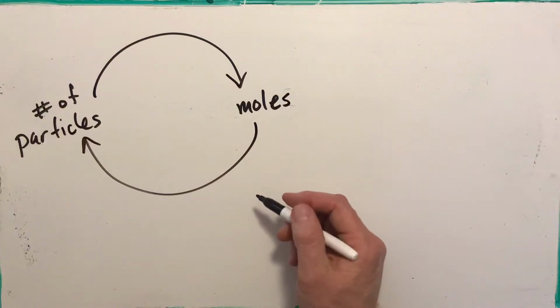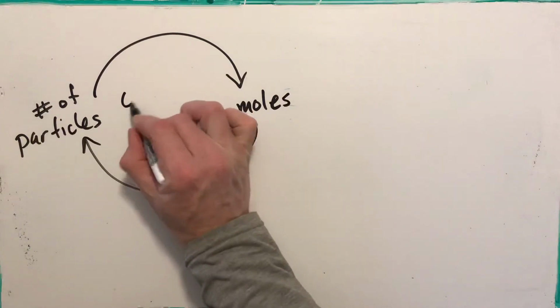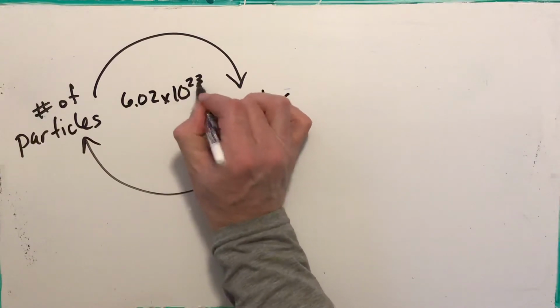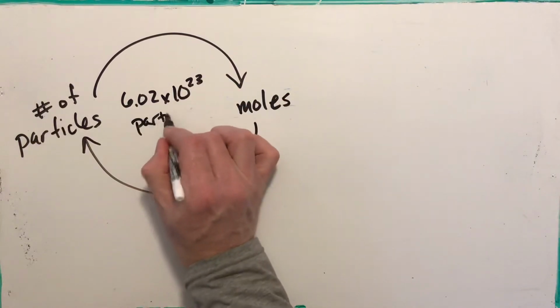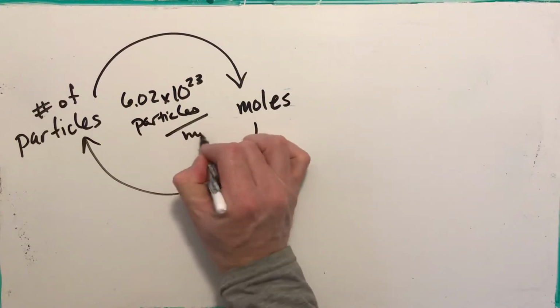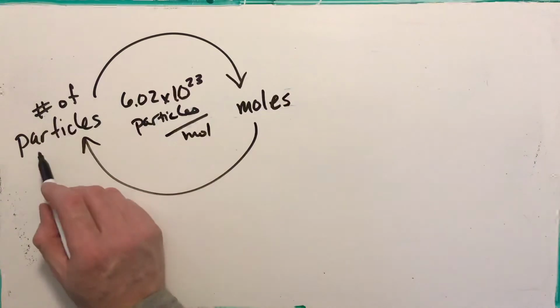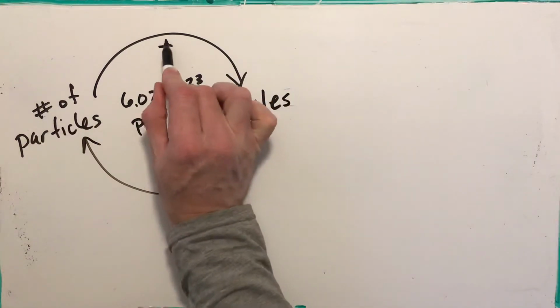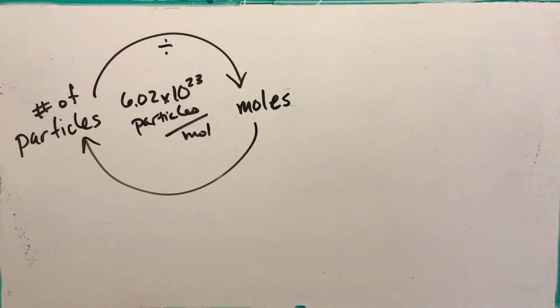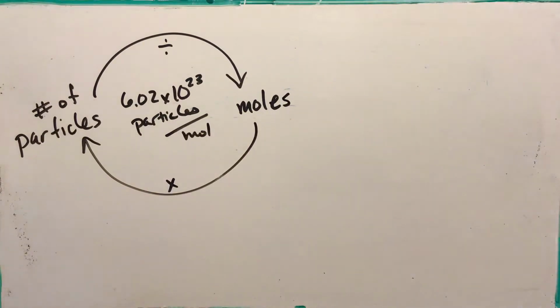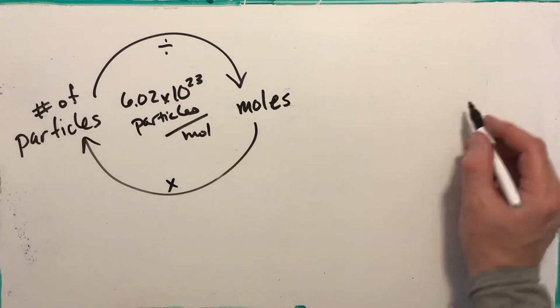And we had a conversion factor: 6.02 times 10 to the 23 particles per mole. To go from particles to moles, we simply divide. And to go from moles to number of particles, we multiply by this conversion factor, and that will give us the number of particles.